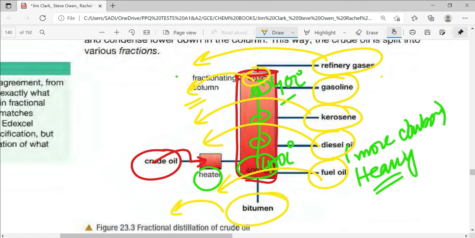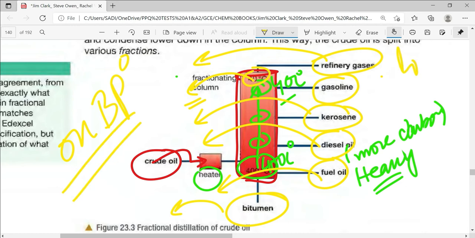Right? It's all based on boiling point. Low boiling points are here and high boiling points are here at the bottom.